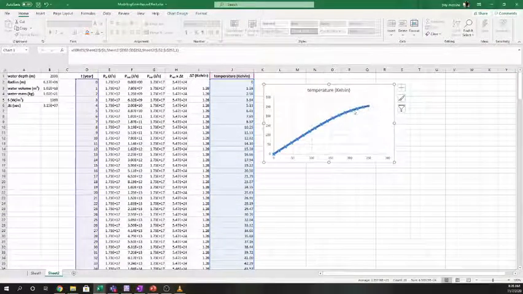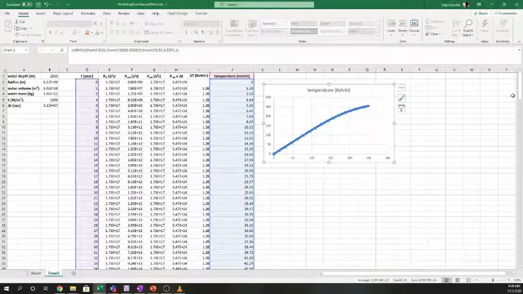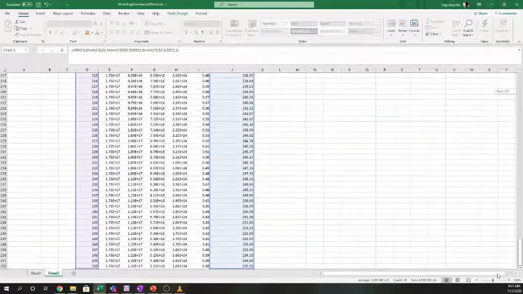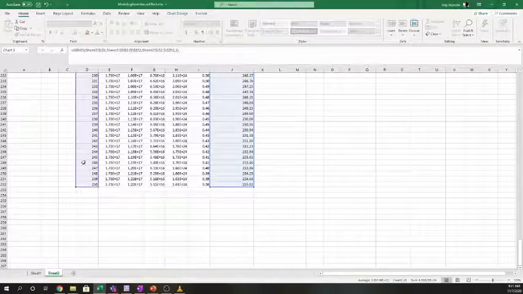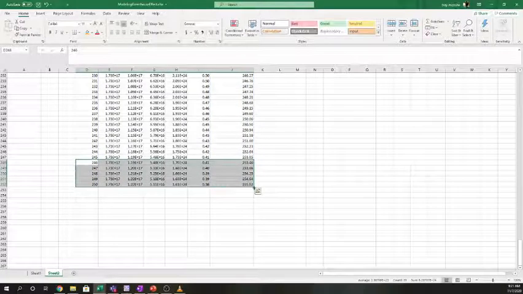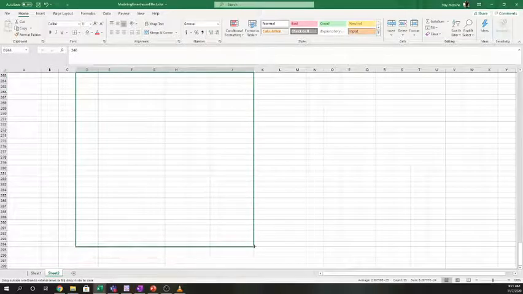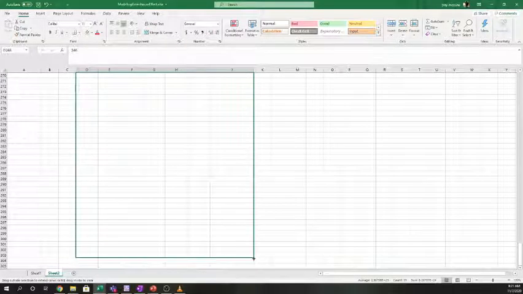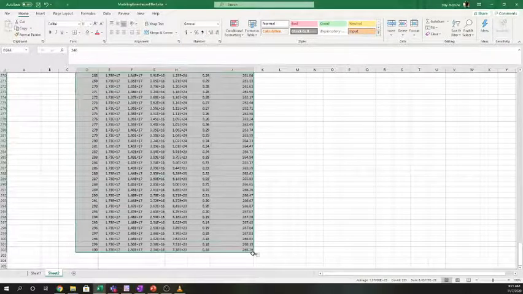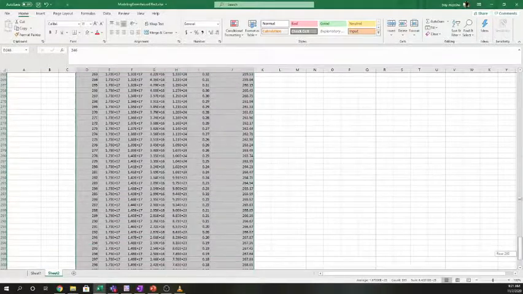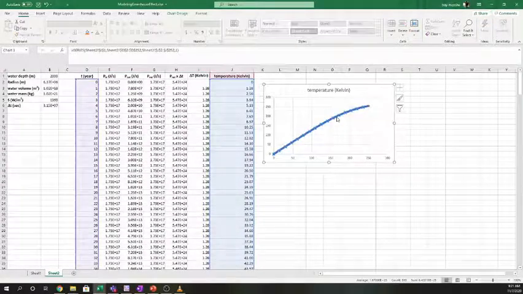Okay, so we see it's starting to flatten here, so I'm going to keep going. Equilibrium is when the temperature stops changing because the input power and the output power have come into balance with one another. So I'll go out to, what is that, 300, and then add that to the graph.